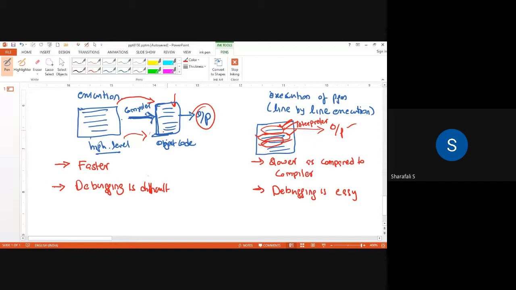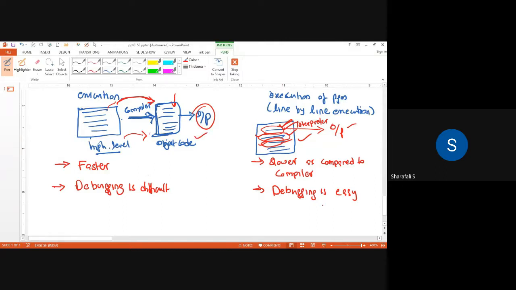So we cannot understand in which line of our high level language the program error actually is. The entire code is first converted into object code, and only after that do we get the error in the program. So it is difficult to locate or remove the program error when using a compiler as compared to the interpreter. Here we can easily locate the error and see in which line it is, but here it is difficult.